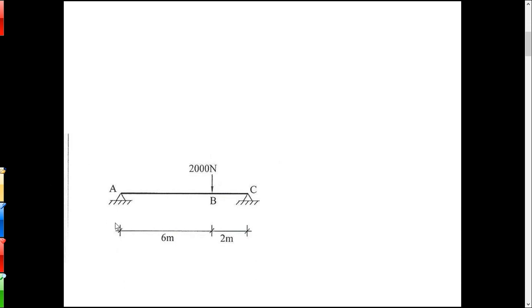Y'all remember this stuff? We're gonna have force reactions there at A and C because those are pin joints.